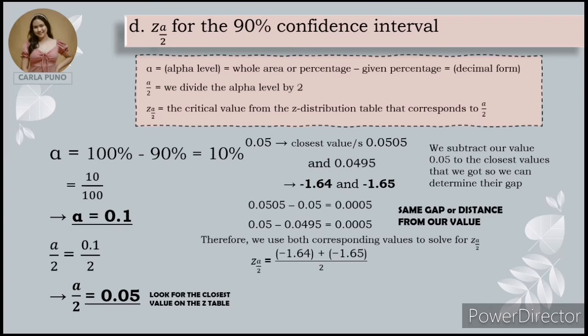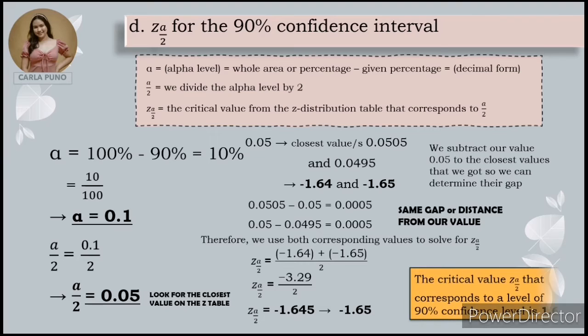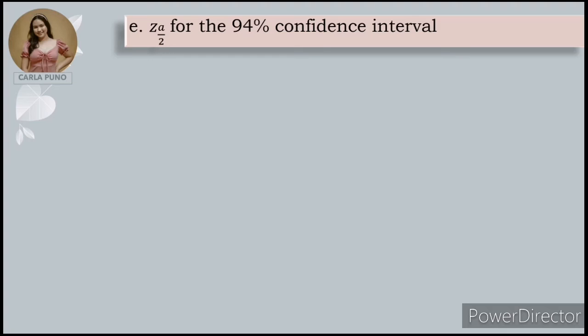We are going to add the two corresponding values. We have negative 1.64 plus negative 1.65 over 2. We have negative 3.29 over 2. Then we divide. We have negative 1.645, and rounding to two decimal places, we have negative 1.65. Therefore, the critical value z sub alpha divided by 2 that corresponds to a 90% confidence level is 1.65.